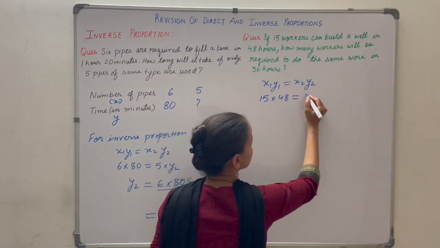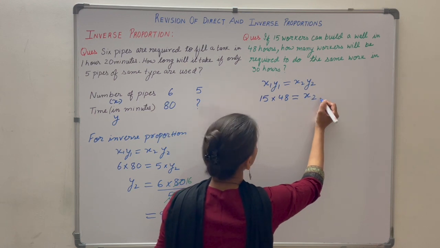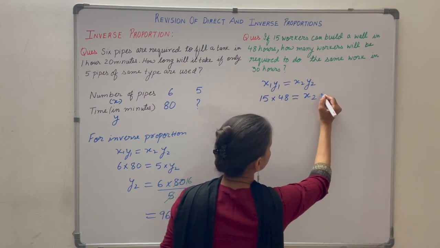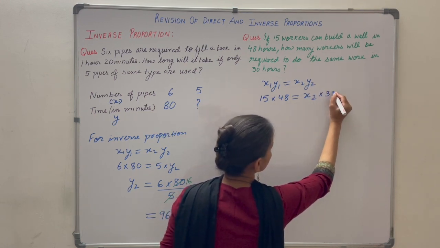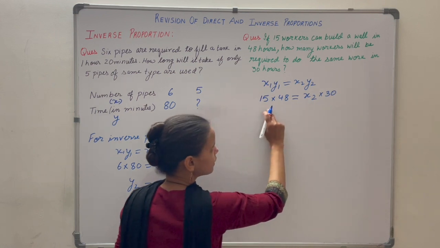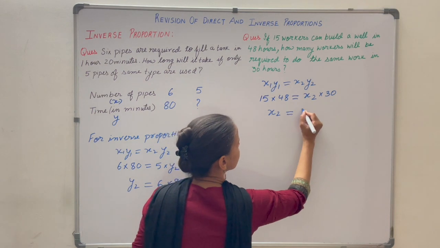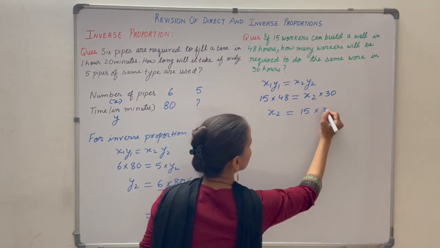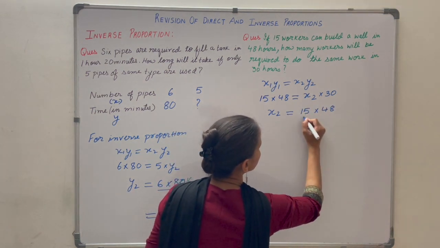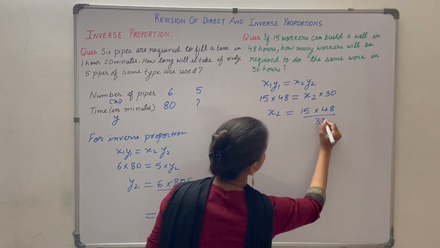You need to find out the number of workers, that is x2, and the time taken by them is 30 hours. So x2 is 15 into 48 divided by 30.